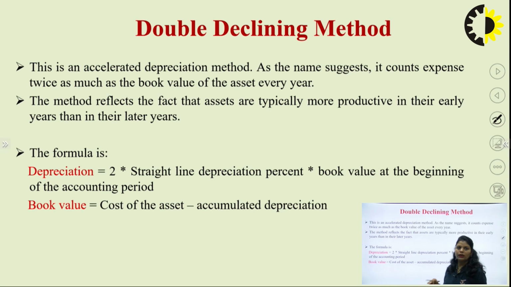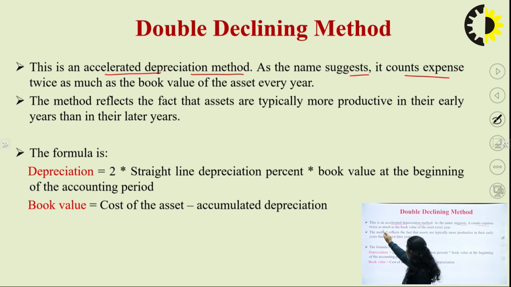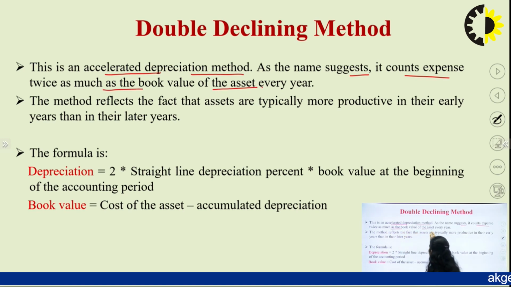Now, we come to the next method, that is the double declining method. The double declining method is basically an accelerated depreciation method. As its name suggests, it counts the expense twice as much as the book value of the asset every year.